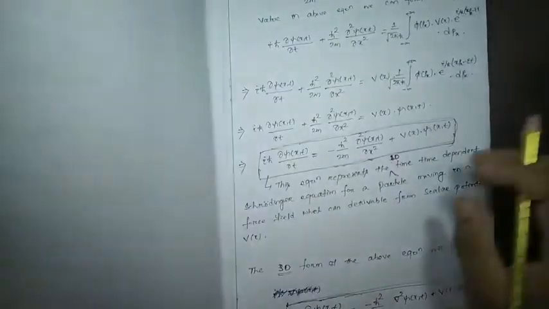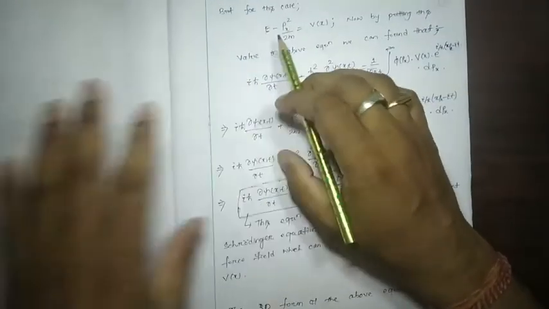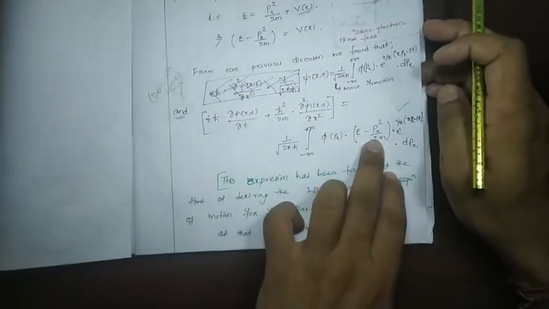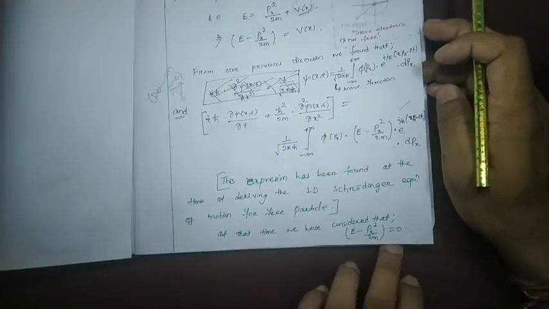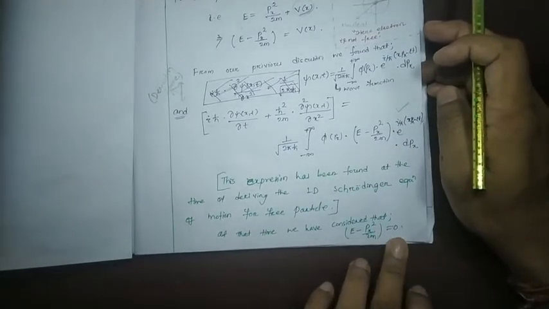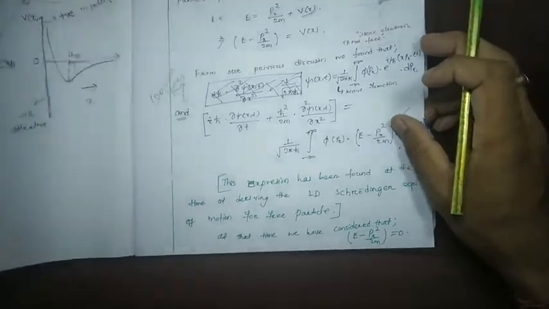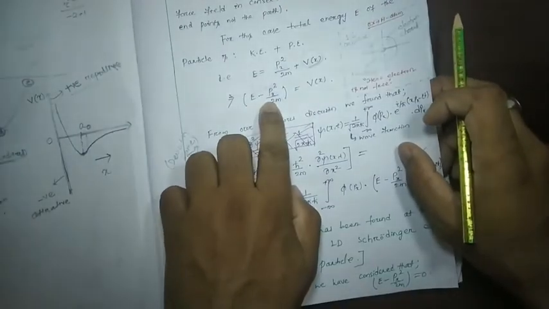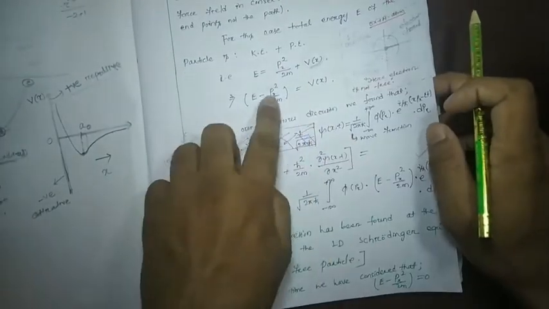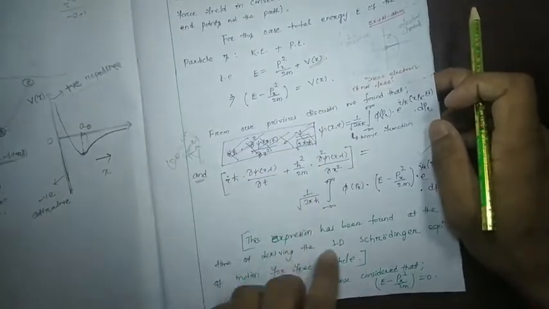In our previous case, E minus px square by 2m was 0 because the particle was free, but here E minus px square by 2m is equal to Vx. So now we have to put this Vx here.